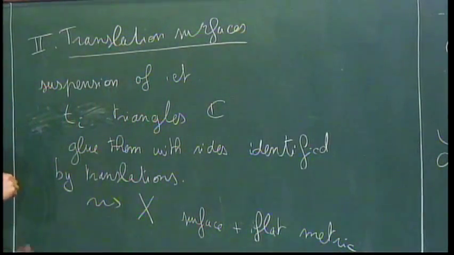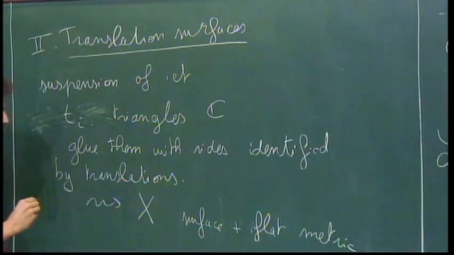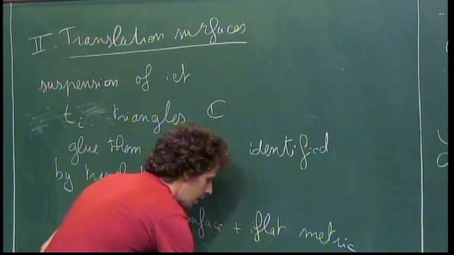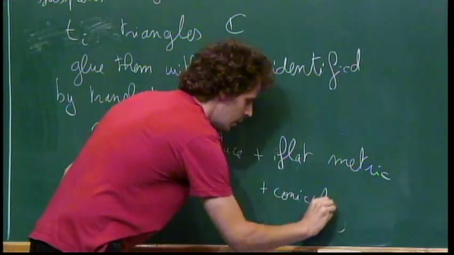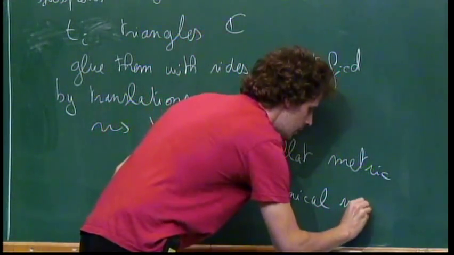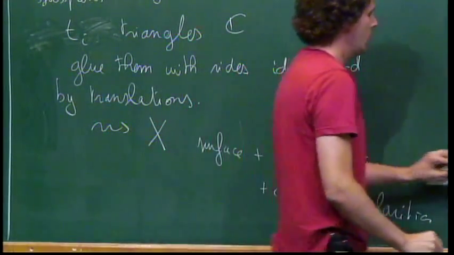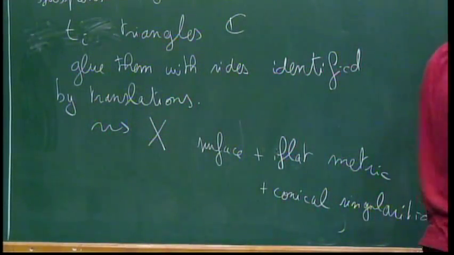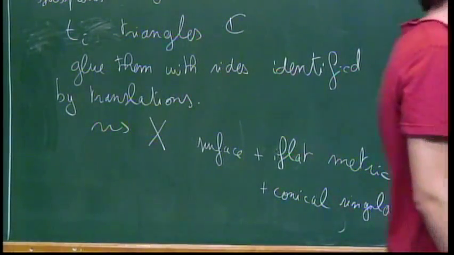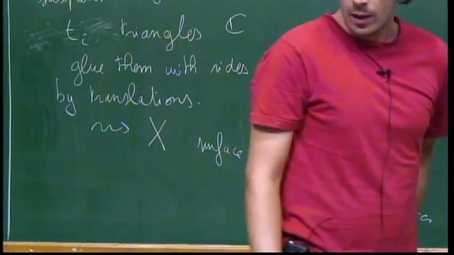And what happens around the vertices is that you have conical singularities. I will give an example in a few moments. There is no need of a formal definition for the rest of the talk, but I need to reformulate theorem 2 in order to explain the method.